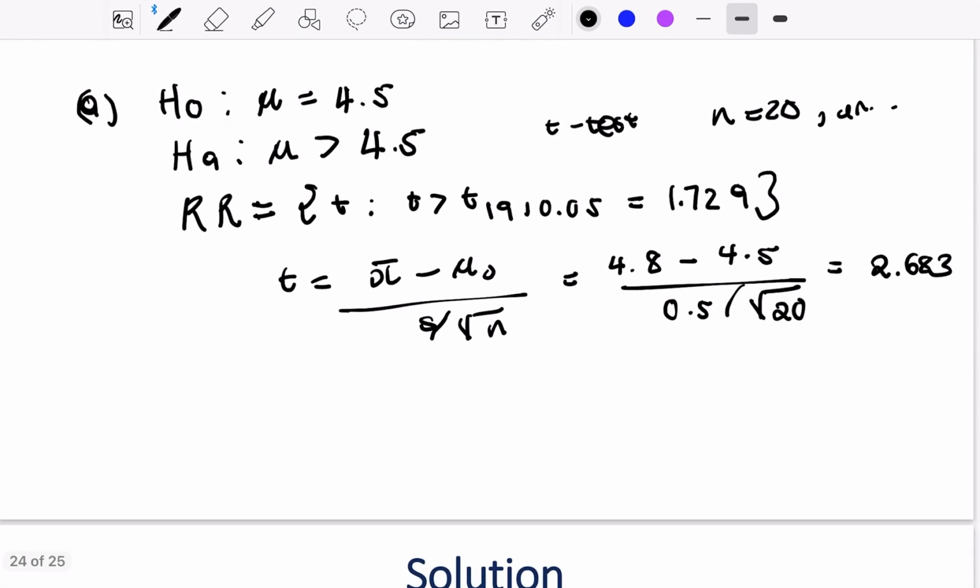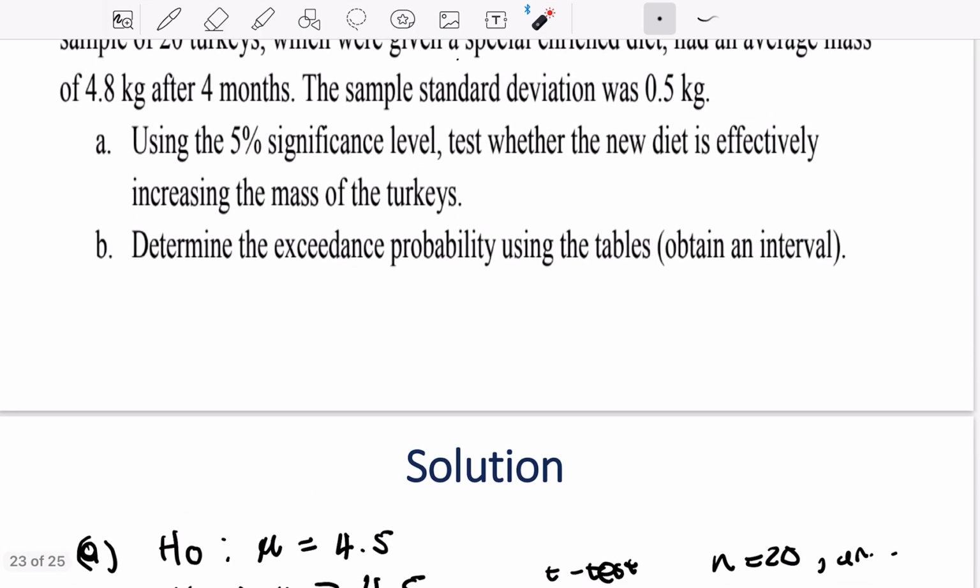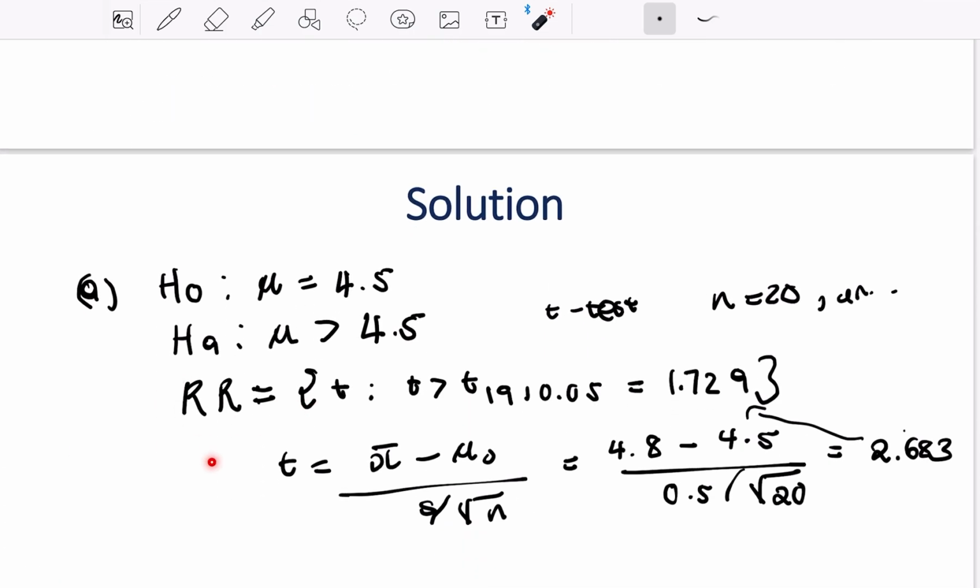But we actually see that 2.683 is greater than our critical value, which is 1.729. So that means that we reject the null hypothesis, if you're using the rejection region approach.